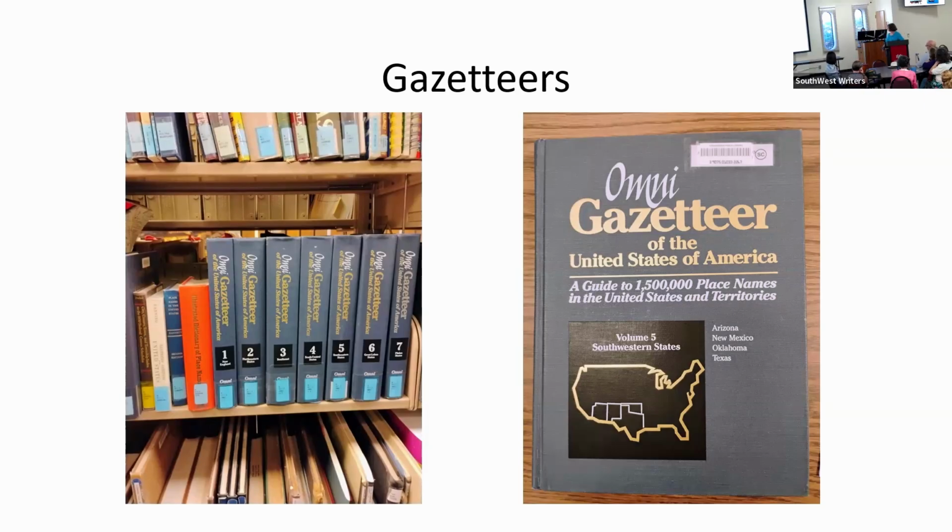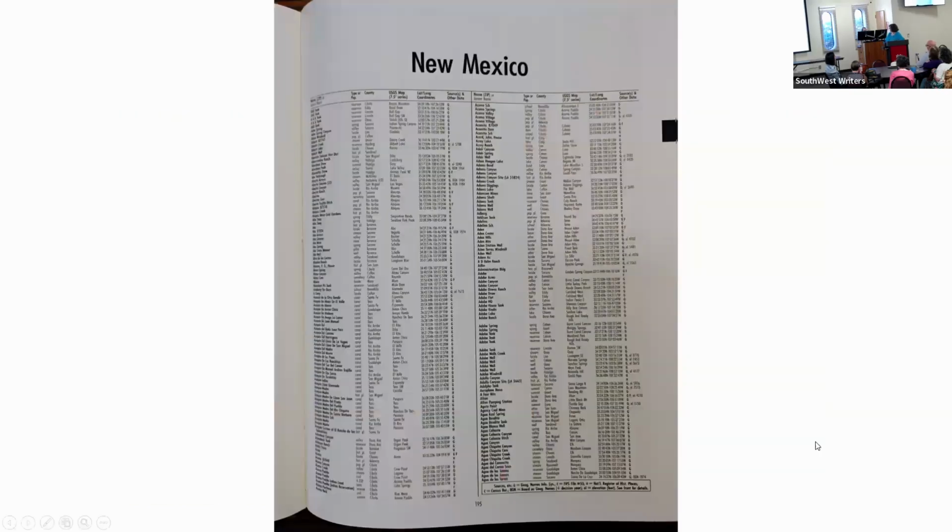So here in this Omni Gazetteer, as you can see, there's seven, possibly might be an eighth one, divided by region. So we'll look at the one for New Mexico, just so you can see what it looks like. Now this is a modern current gazetteer, it was when it came out. It gives the name of geographic features as well as places.